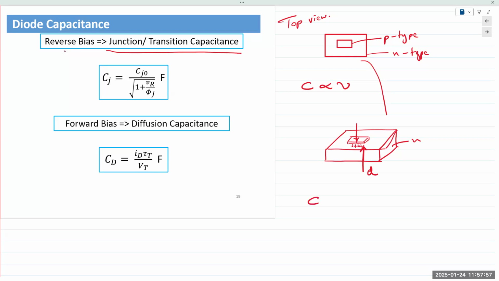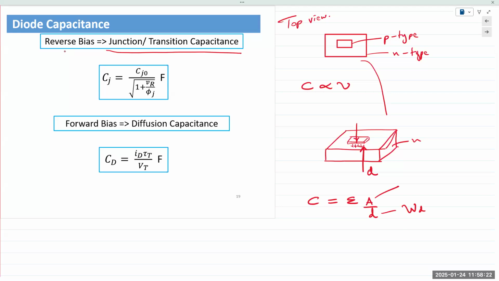Capacitance C is epsilon A over D. This D is the width of the depletion region, WD, which itself is a function of the applied reverse bias voltage, VR. The cross-sectional area doesn't change. That is a design parameter, right?